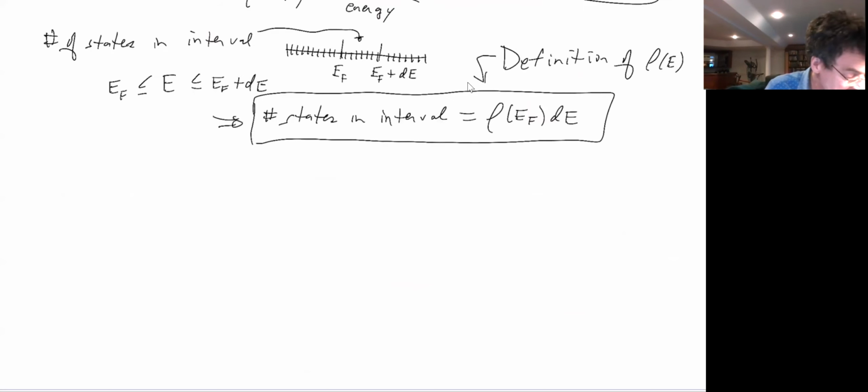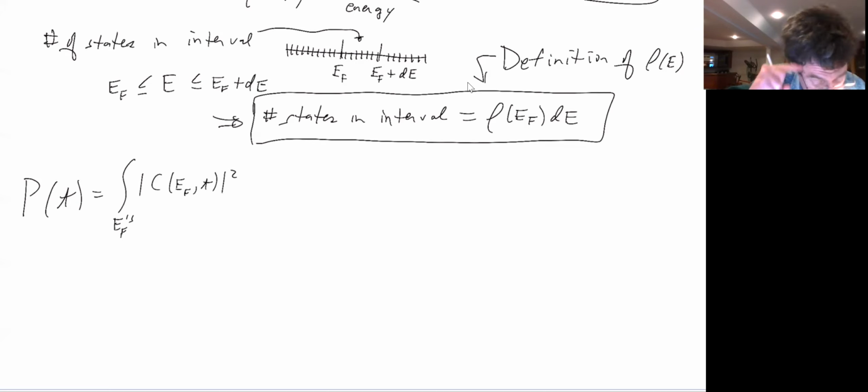So P of T, the probability at time T, is going to equal all possible final states times the probability C, which is now a function of EF and T. I used to make that a subscript, but now it's a function because we're going to make energy a continuous variable.